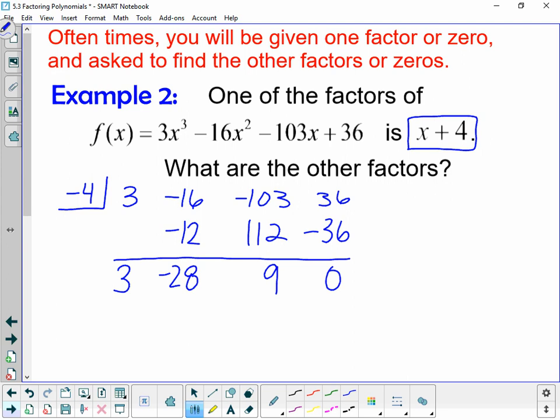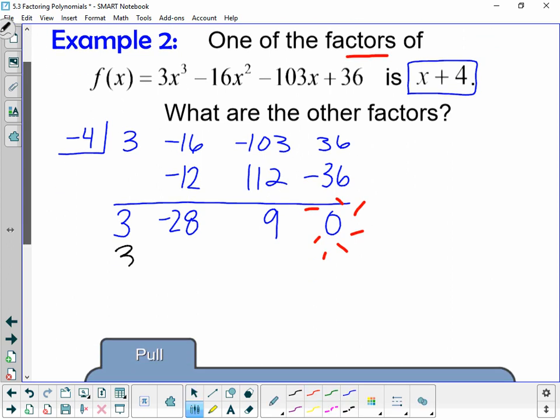So we got a 0 remainder, which we should have been expecting because we knew it was a factor. So what we have is 3x squared minus 28x plus 9. Our other 2 factors are going to come from this polynomial.